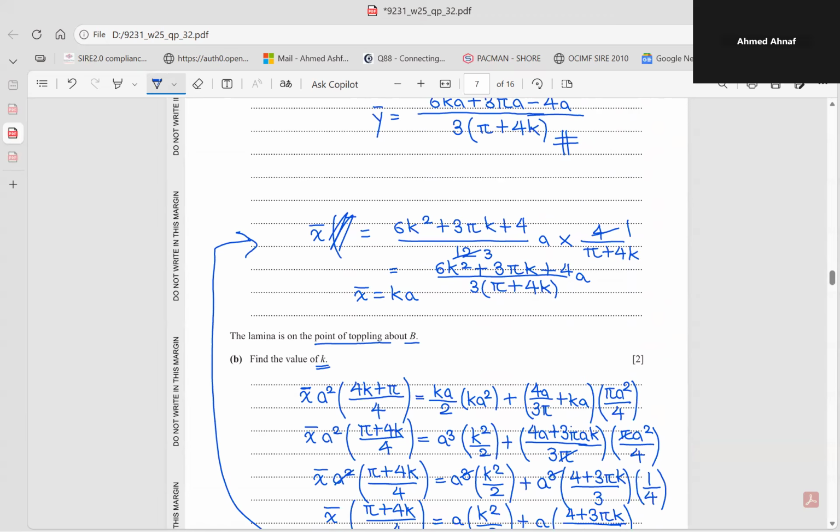I'm just going to do all the working really fast. So you'll get 6k squared plus 3 pi k plus 4. The a's will obviously cancel out, equals 3k pi plus 4k squared. So this cancels out.